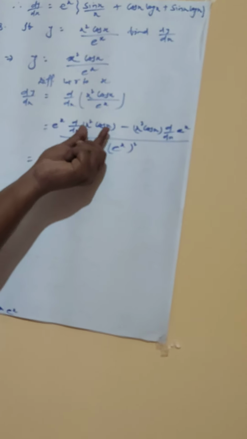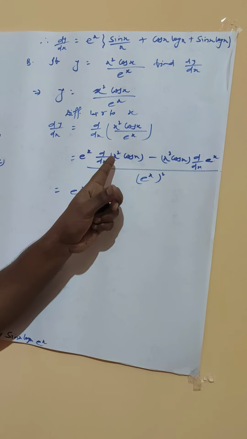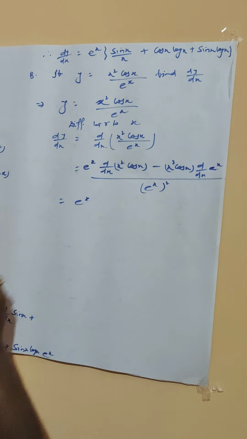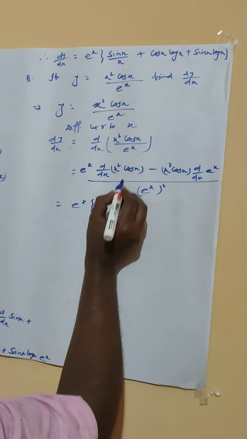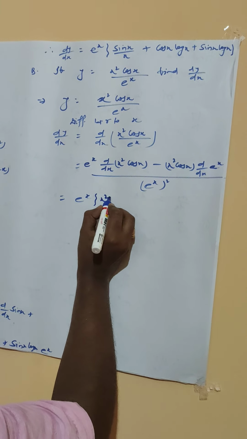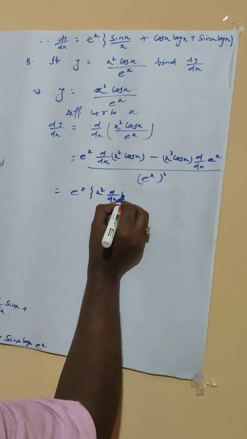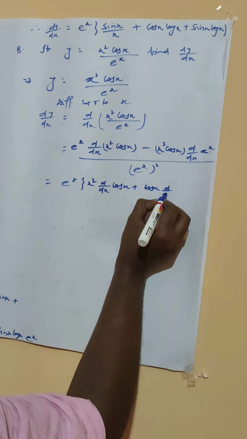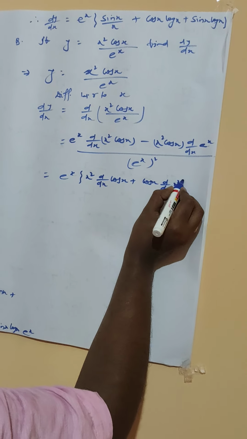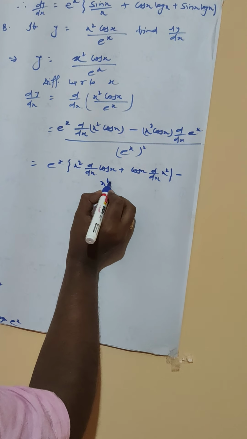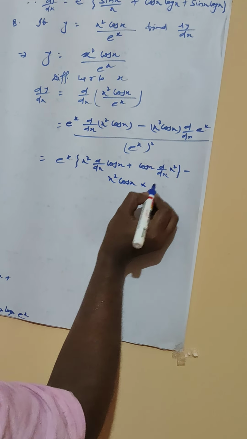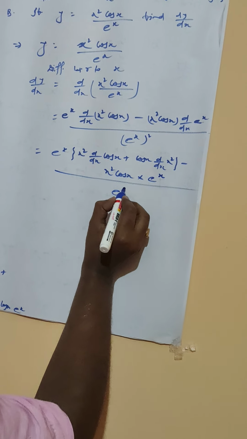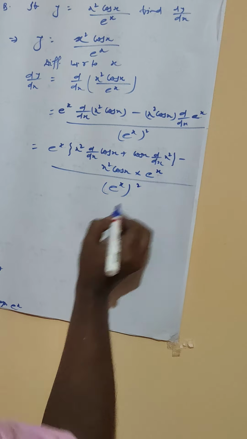Now here also there are two functions, in the form of u into v, both different. So here we can also use the u into v form, x squared d by dx of cos x plus cos x d by dx of x squared. X squared cos x and derivative of e to the power x is e to the power x, divided by e to the power x whole square.